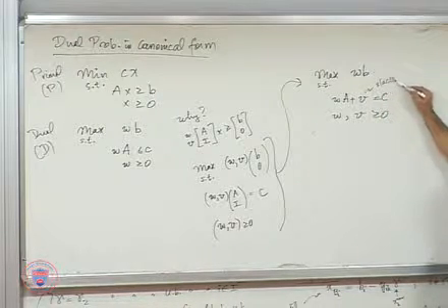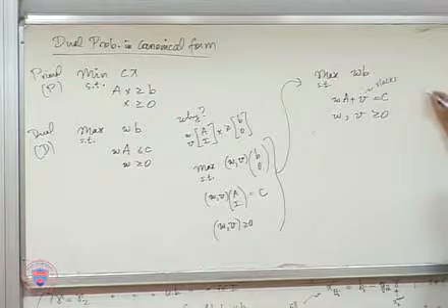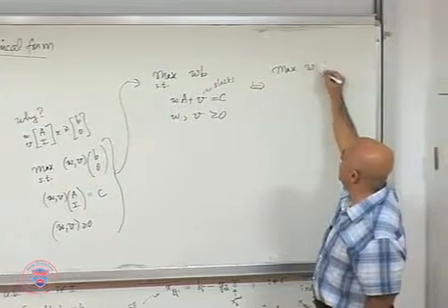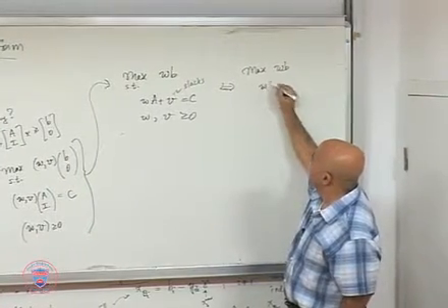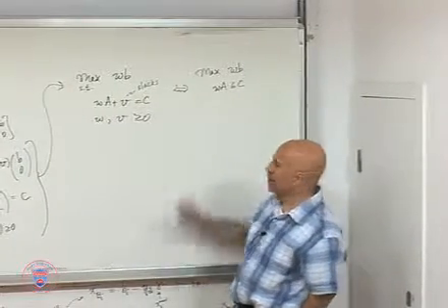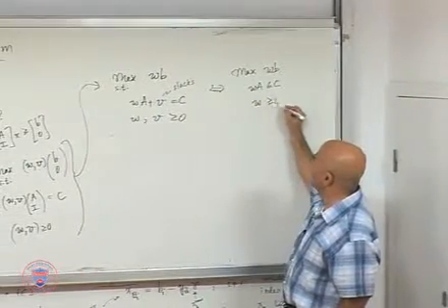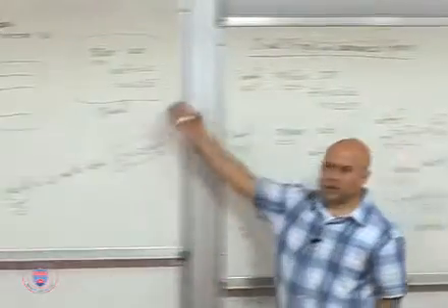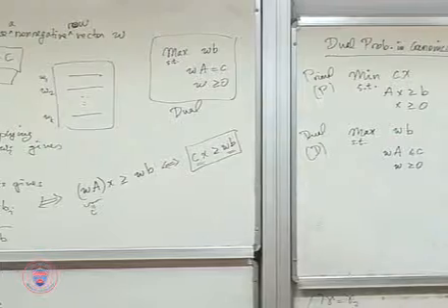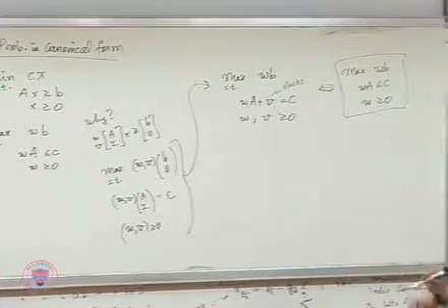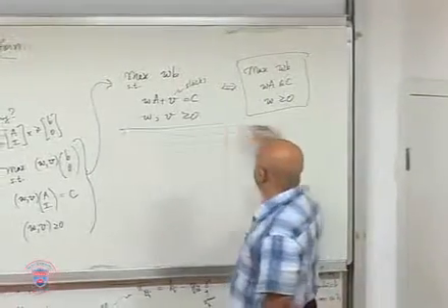You can just think of them as slacks. So this is simply equivalent to the problem of maximizing WB with WA less than or equal to C, if you just get rid of the slacks, and W greater than or equal to 0. So this actually can be obtained from this original idea. That's the canonical form primal dual pair for this.